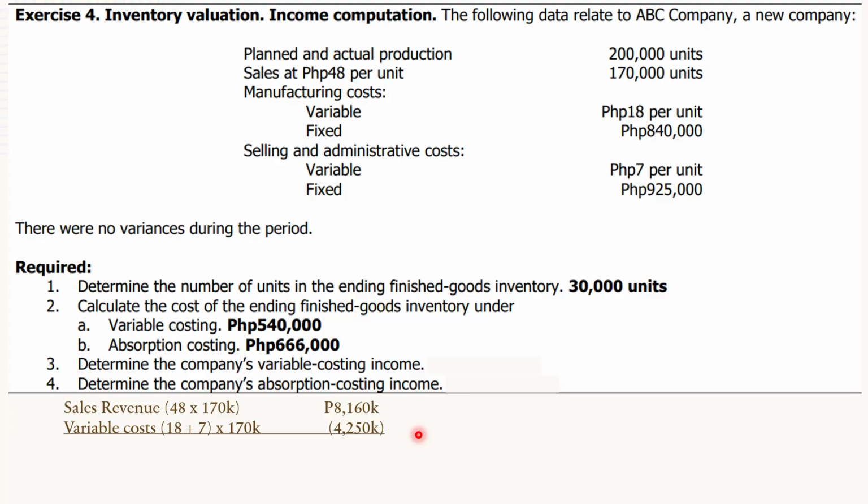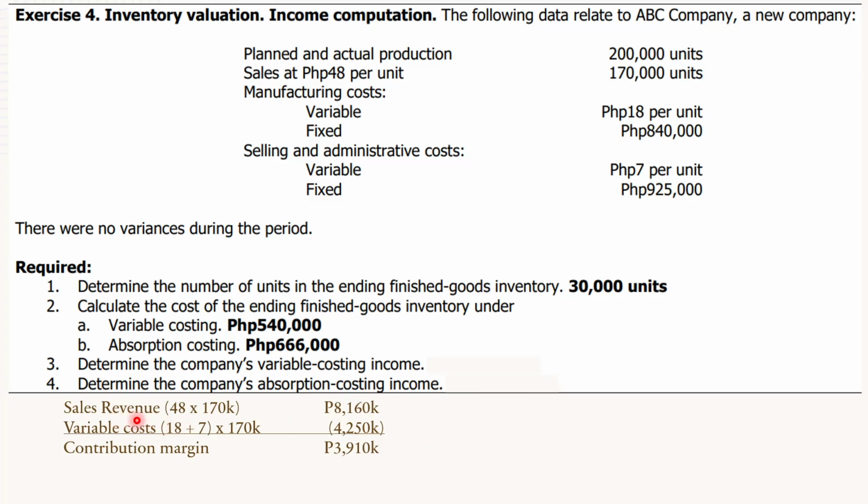The difference between sales and variable cost is contribution margin. In this case, 8,160K minus 4,250K is 3,910,000.